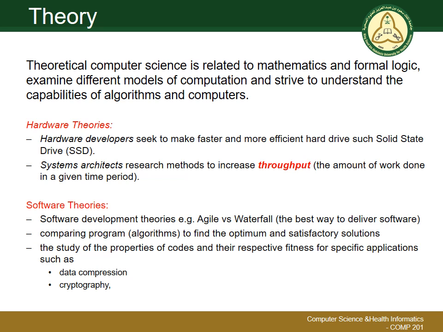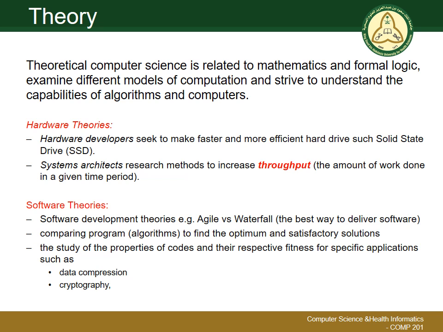Examine different models of computation. احنا دائما نتعامل مع different models في الكمبيوتيشن، and we always strive to understand the capabilities of algorithms and computers, because when we build a program, sometimes we can build it by using different algorithms, such as we can add number 1 to number 2 by using different algorithms.